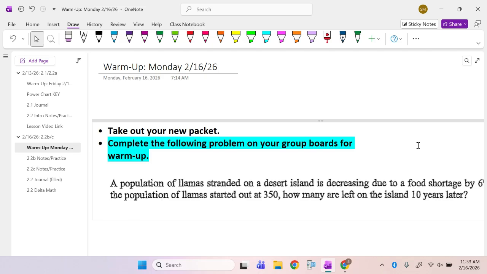Now, something I didn't talk about last week that you do need to know. This decimal right here is known as your rate of decay, or decay rate, either way. But right here, this number in the parentheses is known as your decay factor.